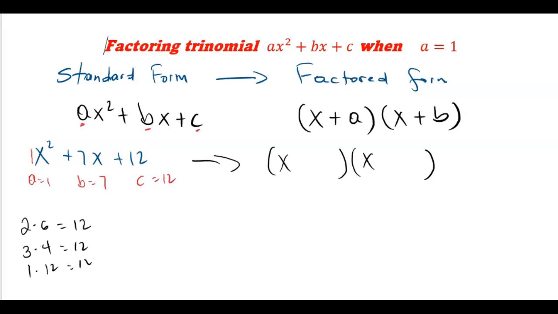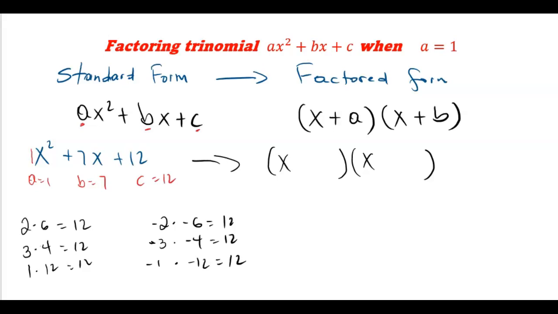Also negative 2 times negative 6 is 12, negative 3 times negative 4 is 12, and negative 1 times negative 12 is also 12. So all six of them are factors of 12. Now, which one of these equals 7 when you add them?